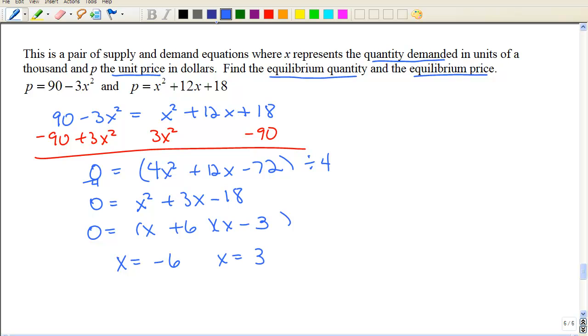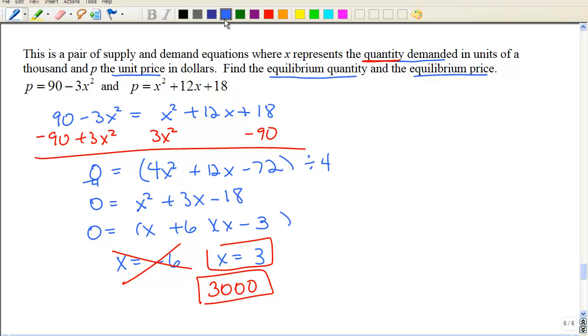Like on problems 51 and 53, you can't have an x that's negative because it's the quantity that's demanded. They're never going to have a negative. So we have 3, and since that's in thousands, we have 3,000 units demanded. So how do we determine the price?